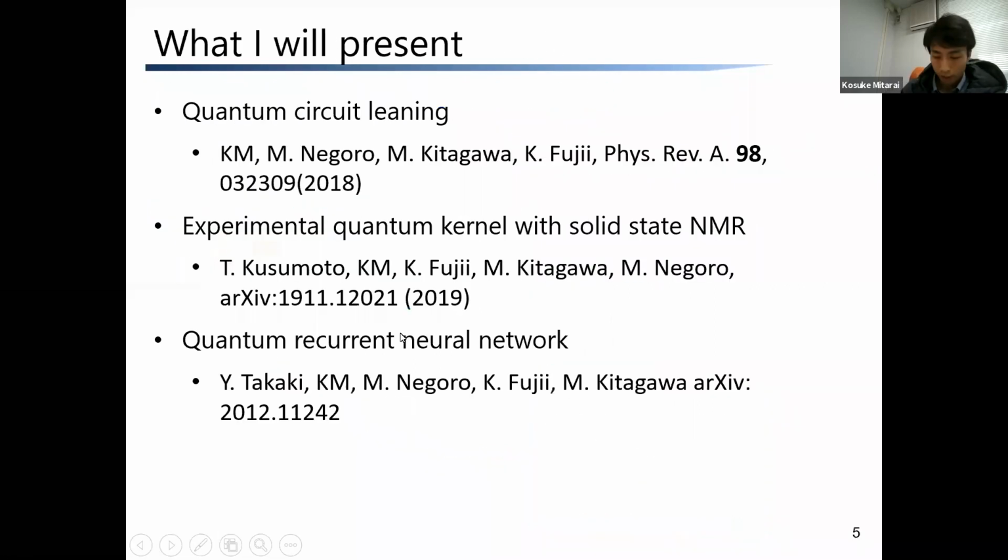So I will get into the main topic of this talk. What I will present is the work I did about 3 years ago, called quantum circuit learning.